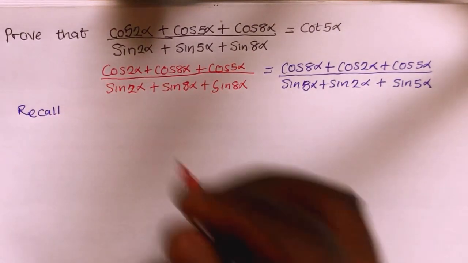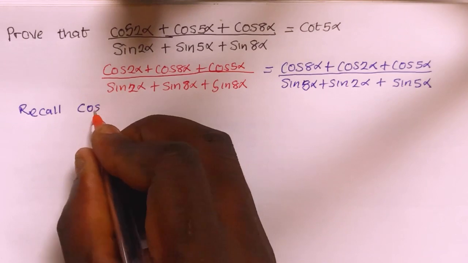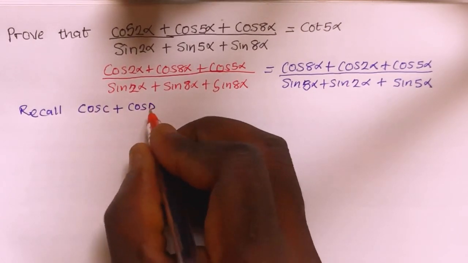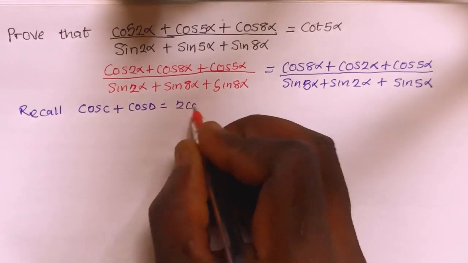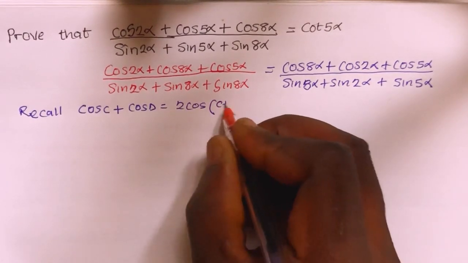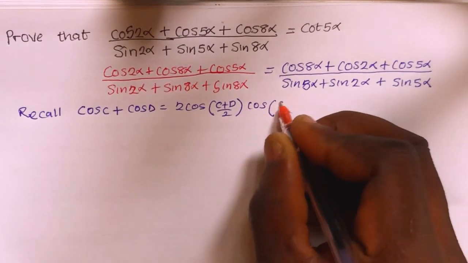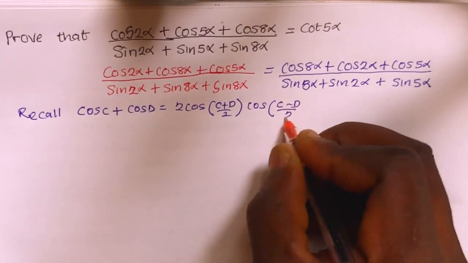Then you can actually recall that cos C plus cos D is also the same as 2 cos into bracket C plus D divided by 2, cos into bracket C minus D divided by 2.